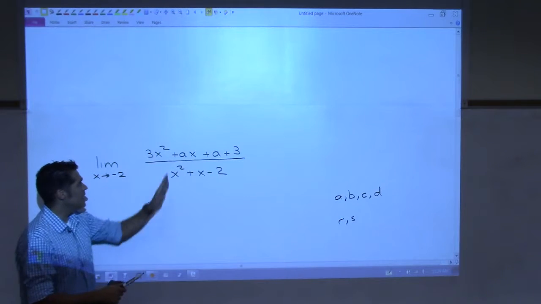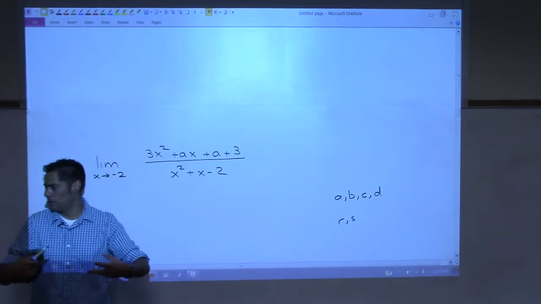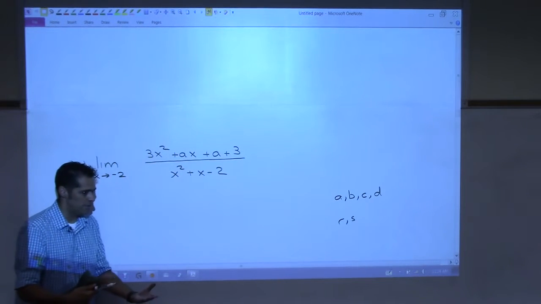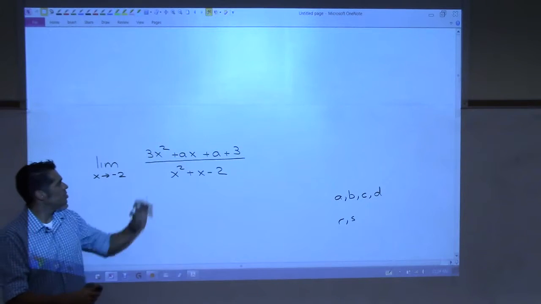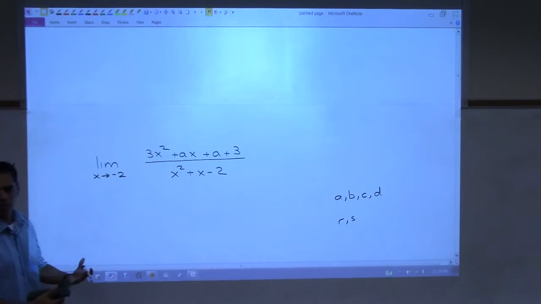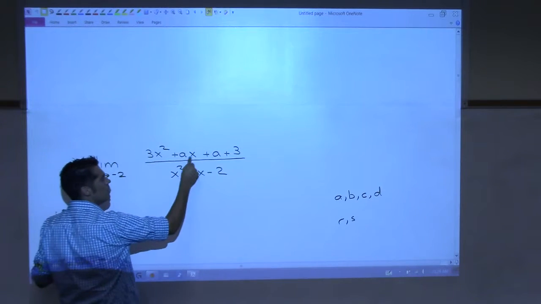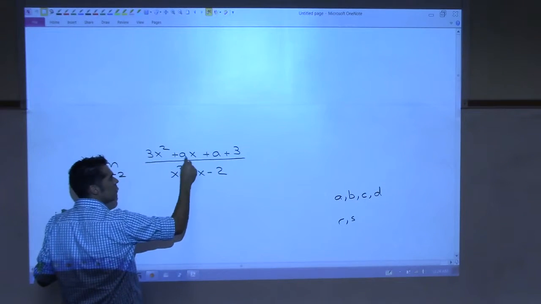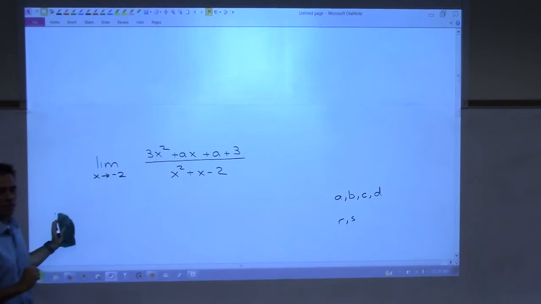In other words, A here is a fixed number, but they're not telling you what it is, all right? As opposed to X, which is truly the variable in the problem. So they're asking us, is there some number that I could put here that would make this limit exist?